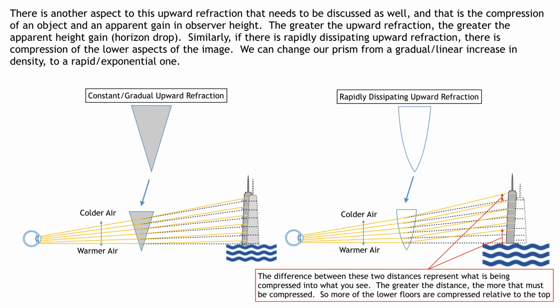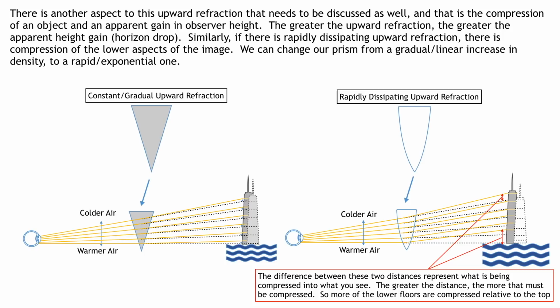Or we can create something that starts off kind of low, but then increases in density rapidly, or essentially it rapidly dissipates, and you get, let's say, a lot of light bending early on down low, and then a lot less light bending higher up. So it takes on kind of a shield appearance, I guess.